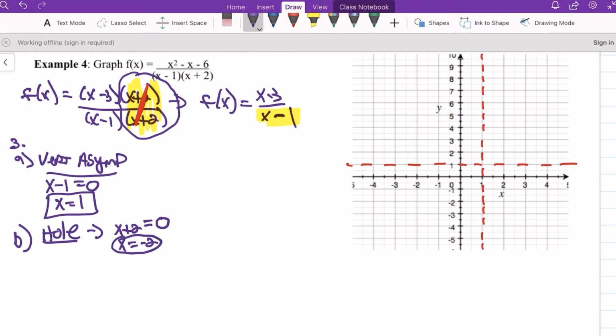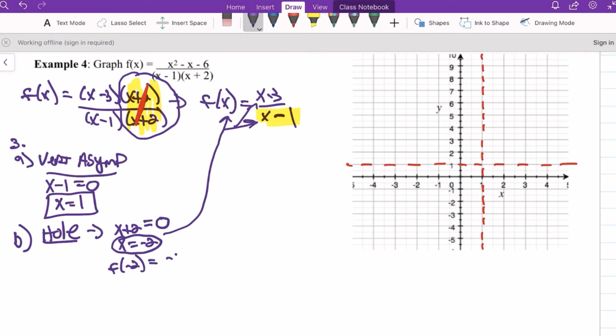All right. And remember, the hole is just a placeholder on the graph, and on the graph it needs an x and y coordinate. So this is going to be our x coordinate. To find the y coordinate, all we do is take that x value and plug it in for x all the way through the function. So to find the y coordinate, so we can actually plot the hole, it's going to be f of negative 2.